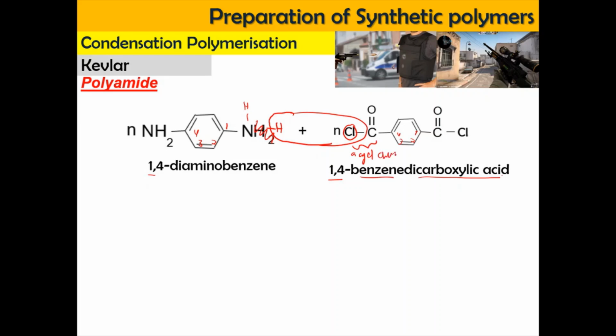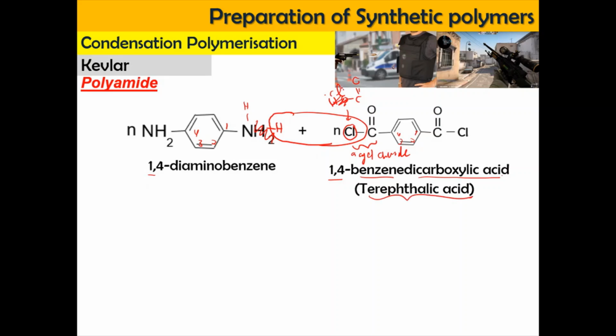Usually we can use C double bond O OH, but sometimes the OH can be replaced with Cl in order to make the reaction more reactive. In this case, it doesn't matter whether you want to use OH or Cl, but usually we're going to use Cl because it is more reactive. The benzene dicarboxylic acid is also known as terephthalic acid.